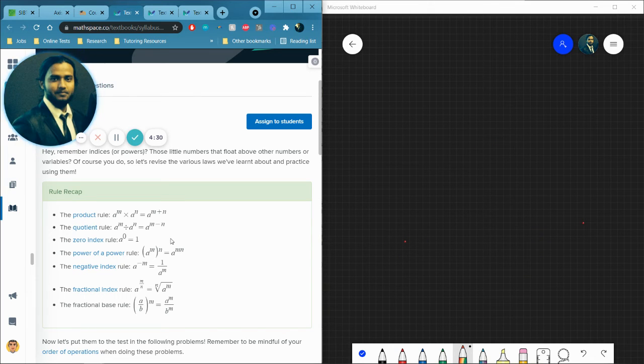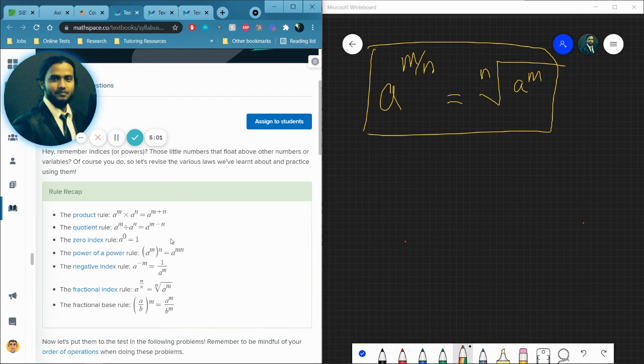That brings us to the most important of all, the one most students get wrong, which is the fractional index rule. a to the power m over n is the same as the n-th root of a to the power m. I have seen most students make a mistake about where m and n should go. The best way to remember this rule is to go back and think of square root of 2.